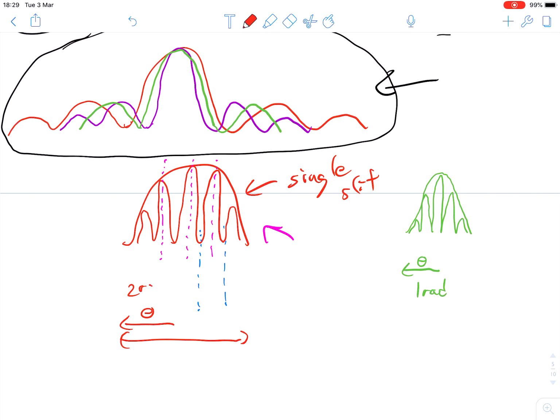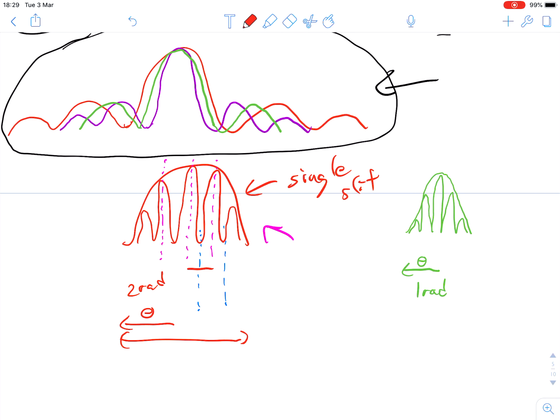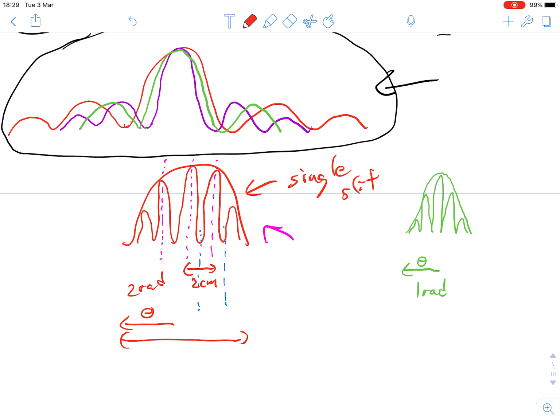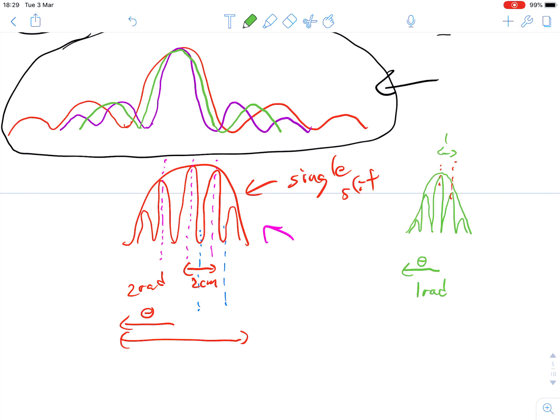This would be 2 radians. Okay, and so suppose also the single slit here, if this was maybe 2 centimeters here, this would also shrink here as well. So this would also be 1 centimeter, okay?